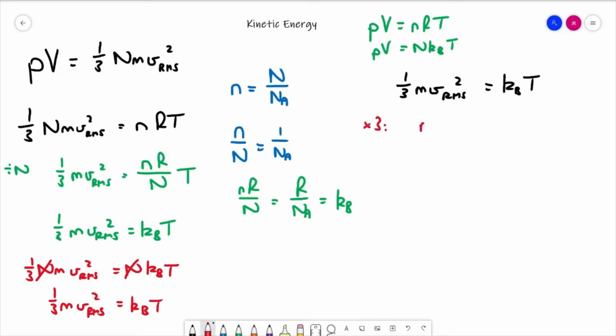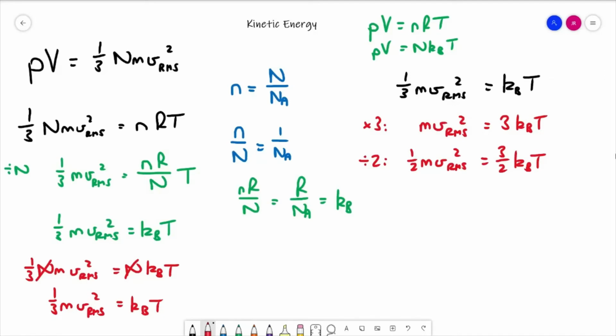What we're left with is mv RMS squared is equal to 3kBT. And then finally, we just need to divide by 2, or multiply by a half, and we're left with a half mv RMS squared is equal to 3 over 2 times Boltzmann's constant times the temperature.